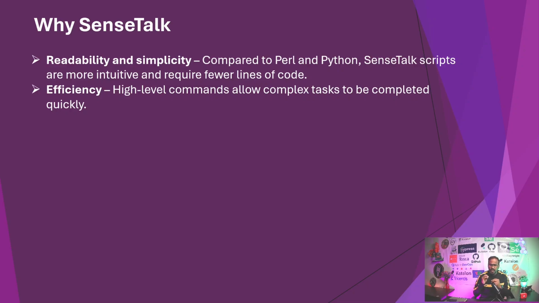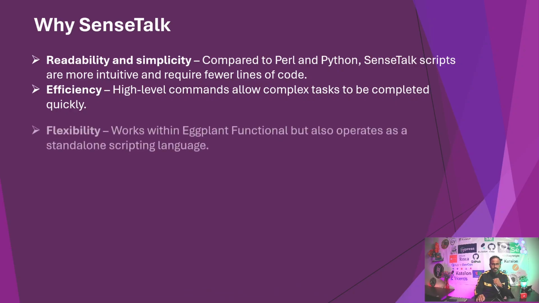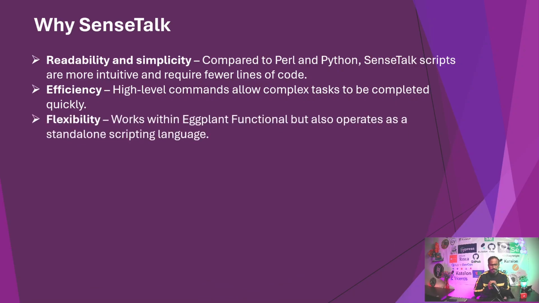SenseTalk's high level commands allow complex tasks to be completed very quickly. Flexibility. SenseTalk scripting works within Eggplant Functional, but you can also operate it as a standalone scripting language as well.